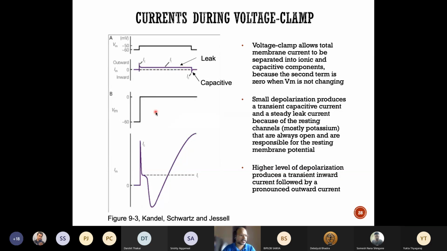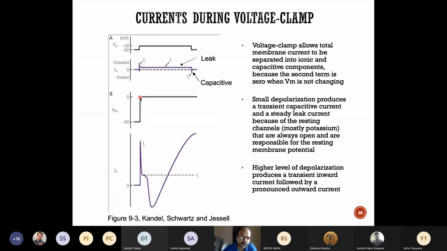Here's the more fancy stuff. Now I'm holding the potential to a very depolarized state, 0 millivolts. Now there's a capacitive current as before, and it should have flattened out like this if the circuit was completely passive. The current just would have been the voltage difference here multiplied by the conductance, which hasn't changed.